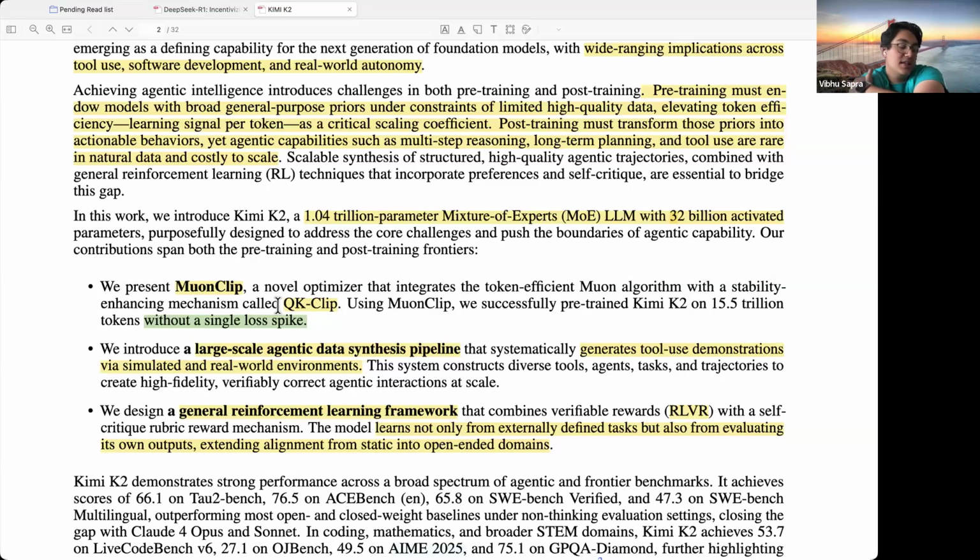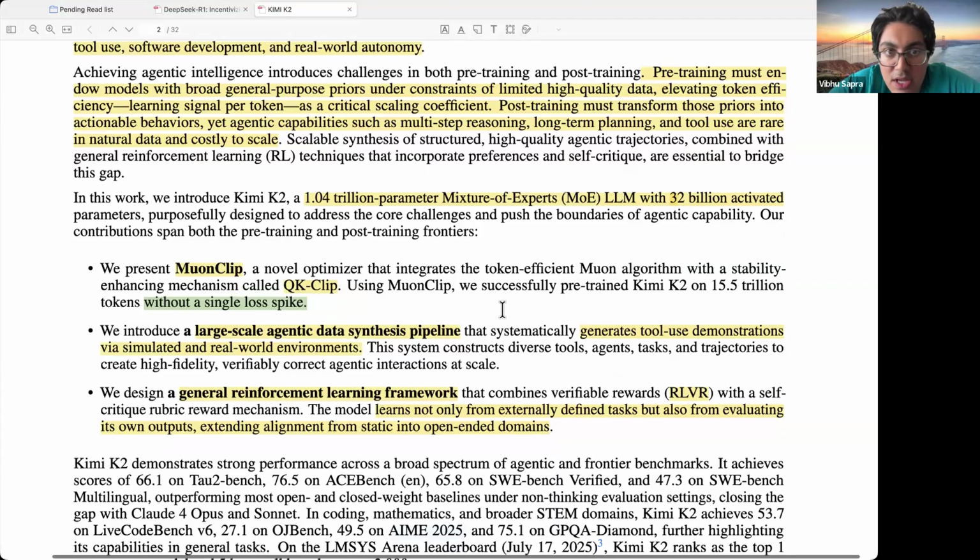So in this paper, they show scaling up this optimizer and having gradient issues in attention. The way they solve it is this stability enhancing QK-Clip, where they're clipping a lot of the attention weights.